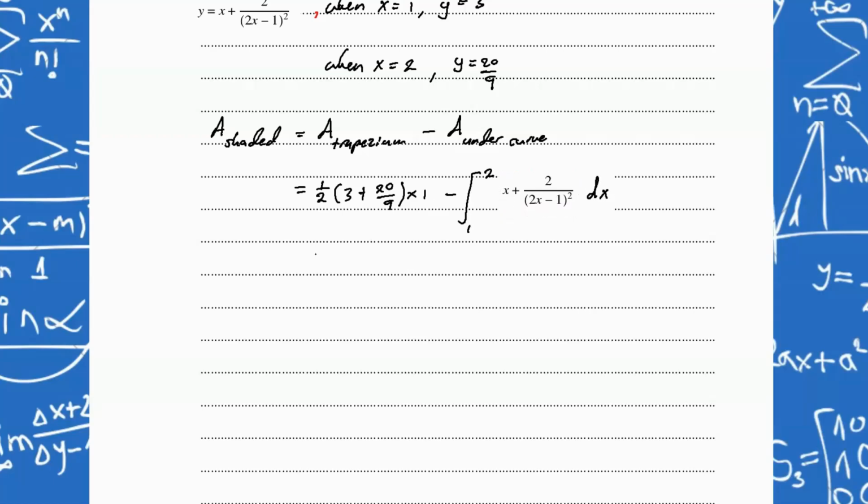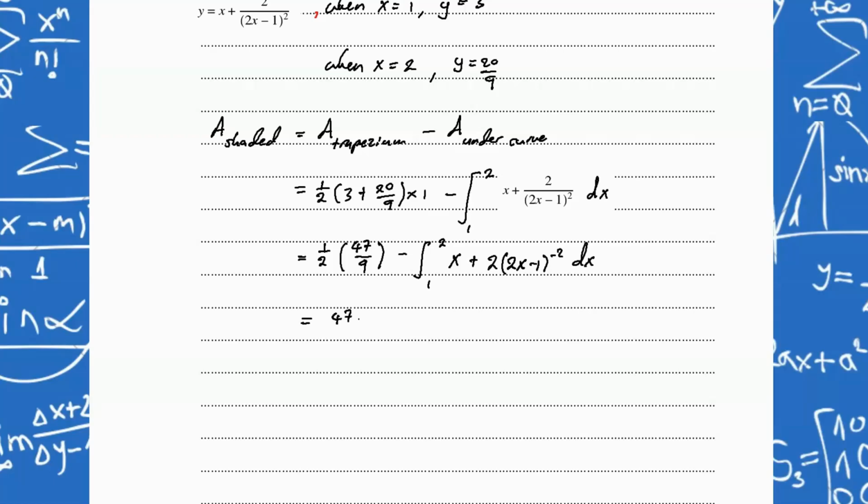This here is half, and 3 plus 20 over 9 should be 47 over 9, and that's going to be minus. Here we are integrating from 1 up to 2, x plus 2 times (2x minus 1) to the minus 2 with respect to x.